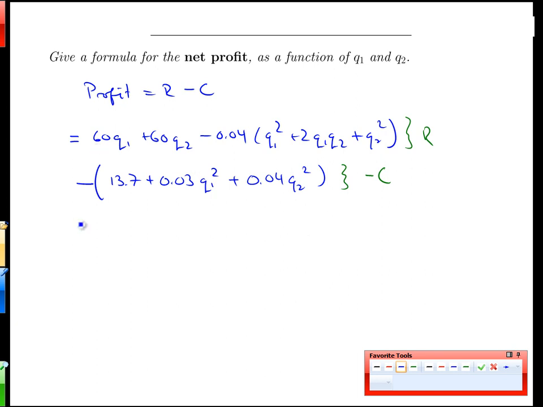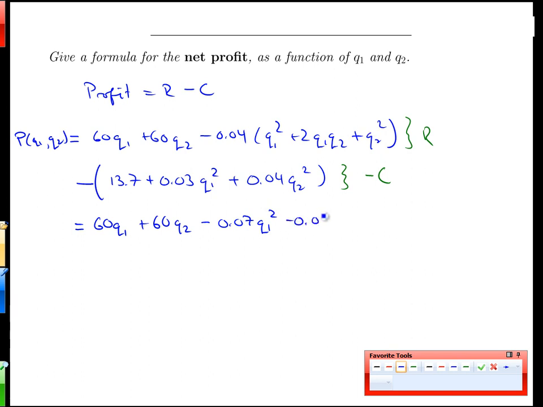Okay, if we look down this, we can simplify this a bit further. So this is profit as a function of Q1 and Q2. The 60 Q1, 60 Q2, those we can't do much with. We have 0.04 Q1 squared minus another 0.03 Q1 squared, so here we get minus 0.07 Q1 squared.